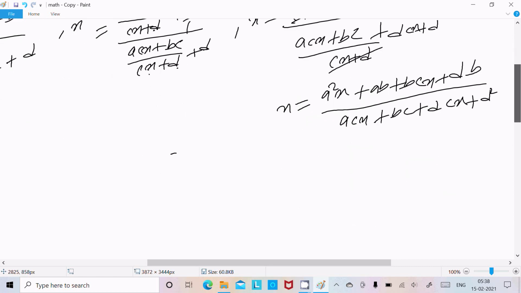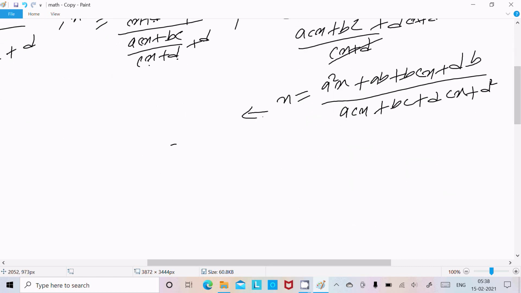Now after writing at this position, x multiplied with this all, cross multiplication that I'm doing. So x² becomes ac.